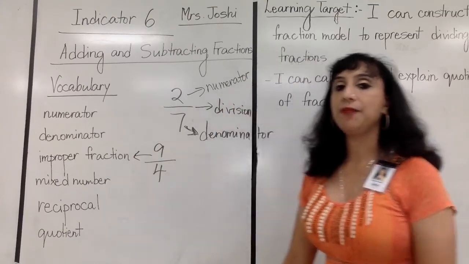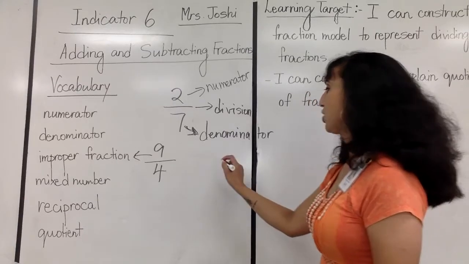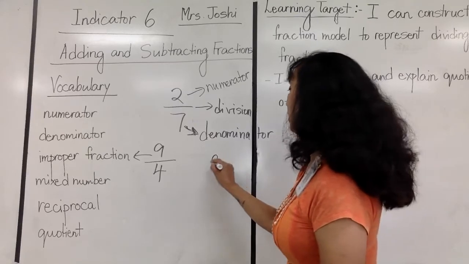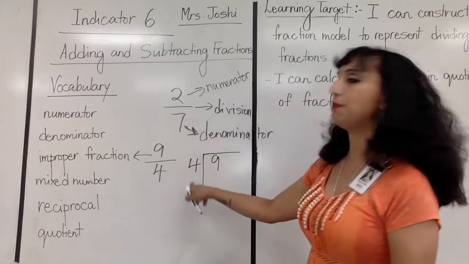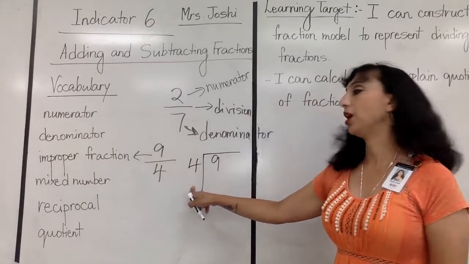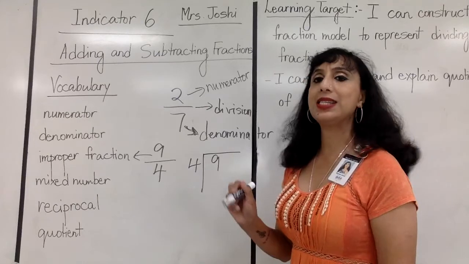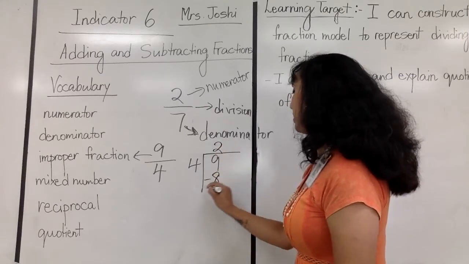Okay? Now, a mixed number. Basically you have an improper fraction, and this is how you convert it to a mixed number. I am doing 9/4, so numerator divided by the denominator. Okay? And I know that 4 times 2 is 8. So 2 times 4, I'm going to write 8 here.